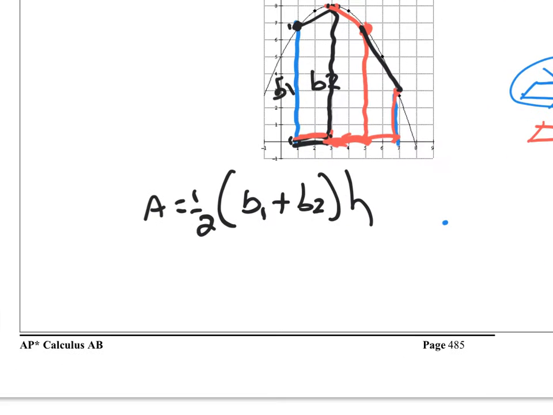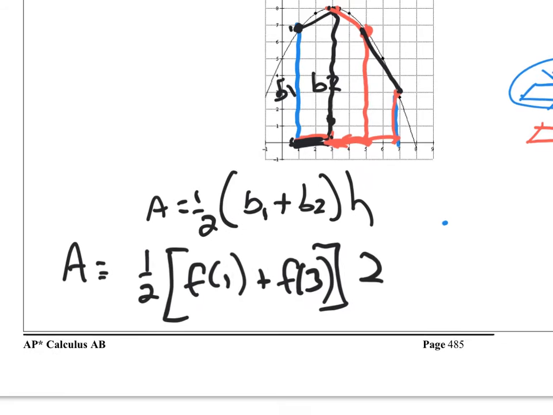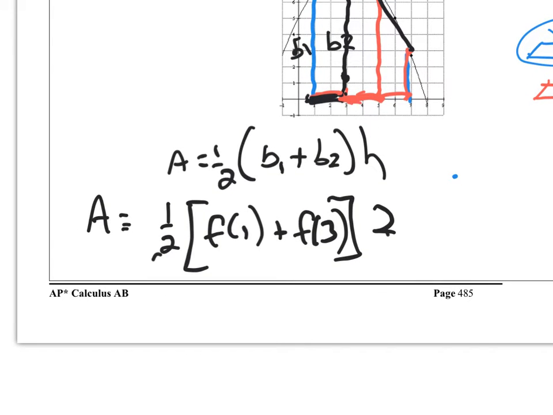So for the first one, I have 1/2 pulled out. Base 1 comes from f of 1. Base 2 comes from f of 3. And the height of this trapezoid is 2, so 1/2 times 2 cancels out.